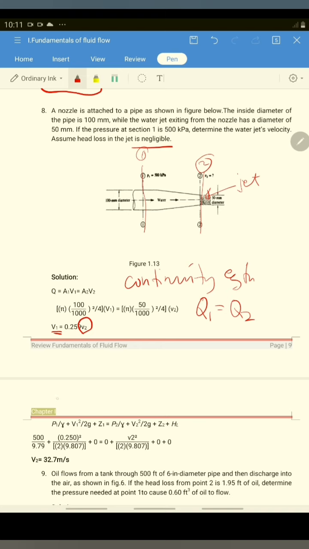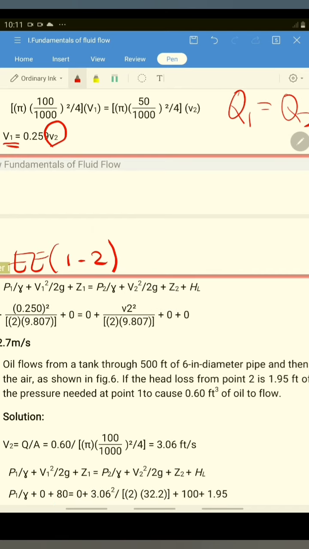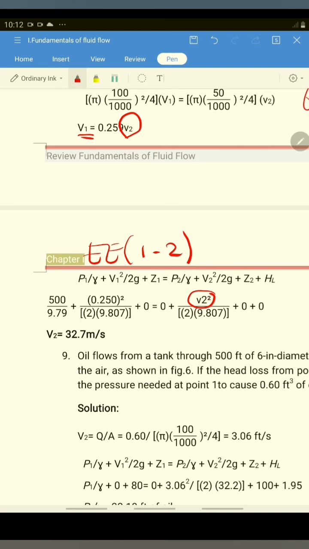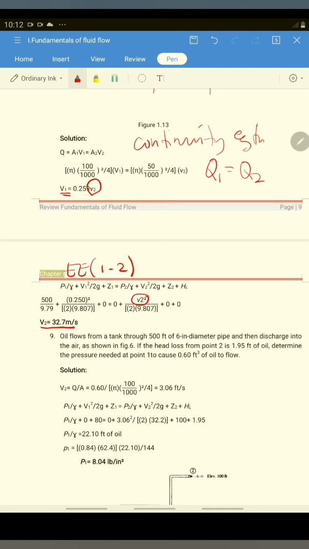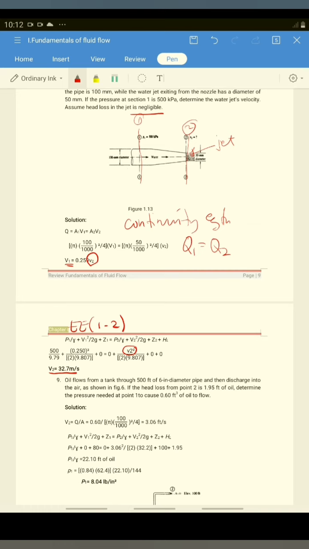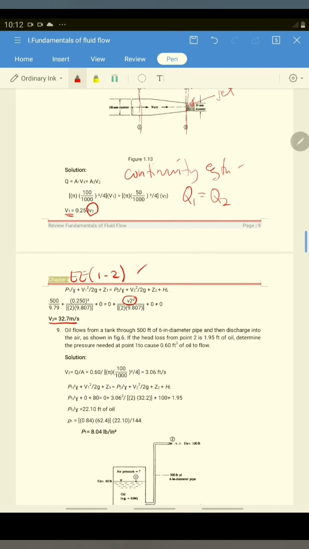Then, neglecting head loss, get the energy equation from 1 to 2, then substitute values. This is in terms of V2, so you can get V2, which is equal to 32.7 meter per second. Remember that this problem is solved using the continuity equation and the energy equation.